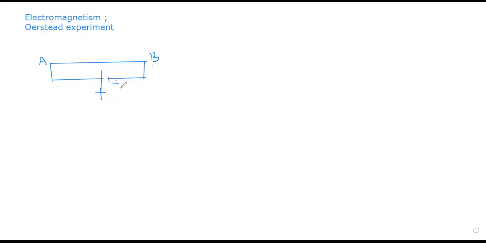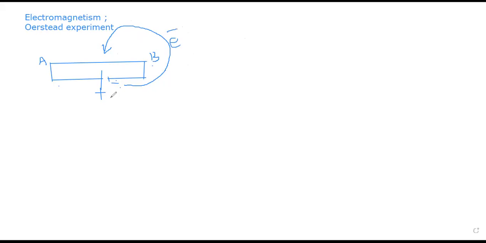They are repelled by the negative terminal, so they flow towards the positive terminal. Remember, this is the flow of electrons from negative terminal to positive terminal.